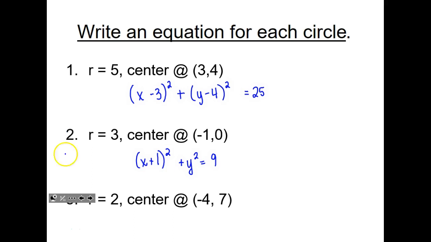We got a radius of 2 and a center at negative 4, 7. Good, and that will be equal to our 4. Perfect. Okay? Any questions on those?